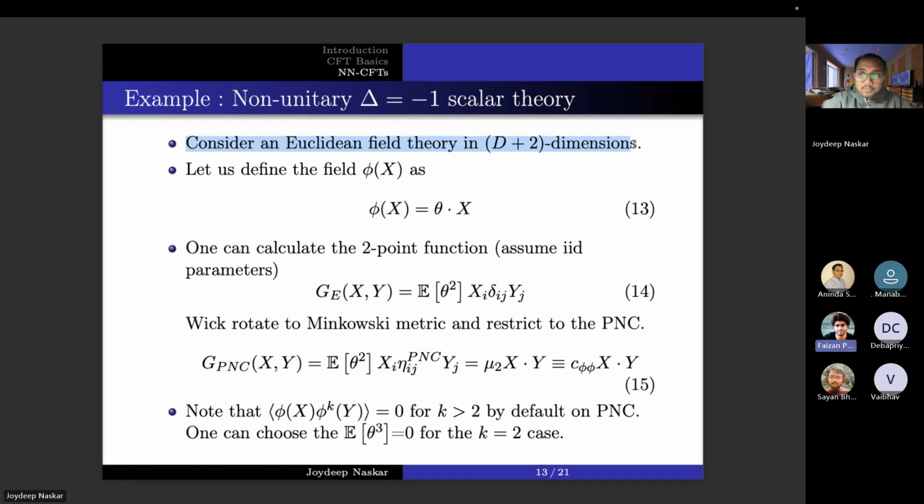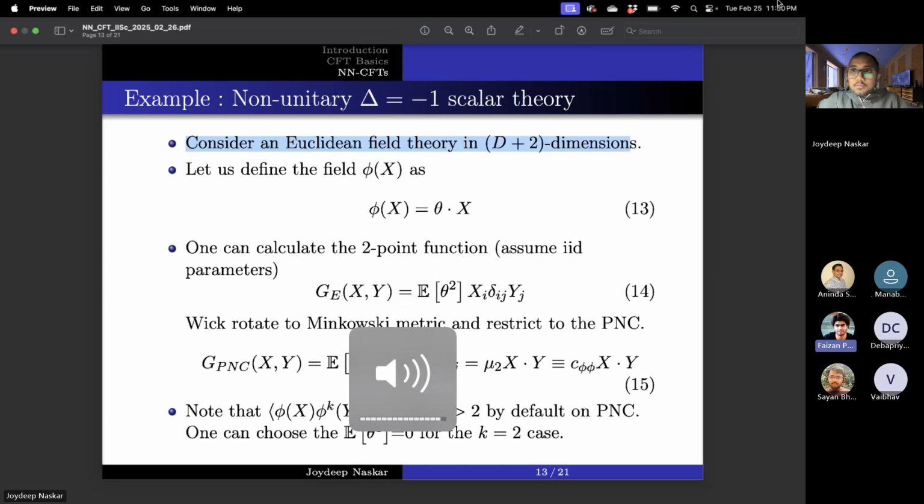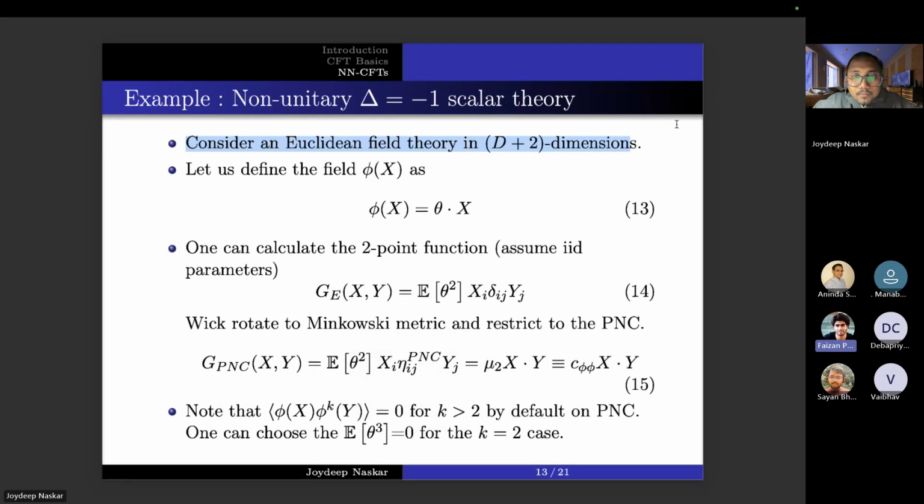So let's consider a Euclidean field theory in d plus 2 dimensions. Joydeep, can I ask a question? Yes. Is there a reason you have to go to this embedding space formalism? Is it hard to directly encode conformal invariance in d dimensions? Yeah, the embedding formalism helps. It makes it easier. So somehow you're able to encode rotational invariance in the parameter distribution. That's right.